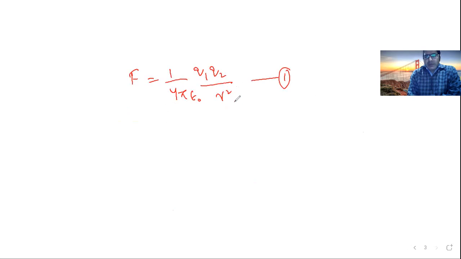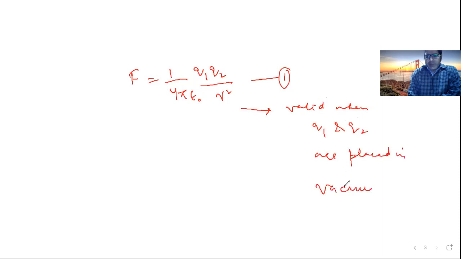Now this equation is valid when Q1 and Q2 are placed in vacuum. If they are placed in some medium, then we have to divide this force by the dielectric constant of that particular medium, right?